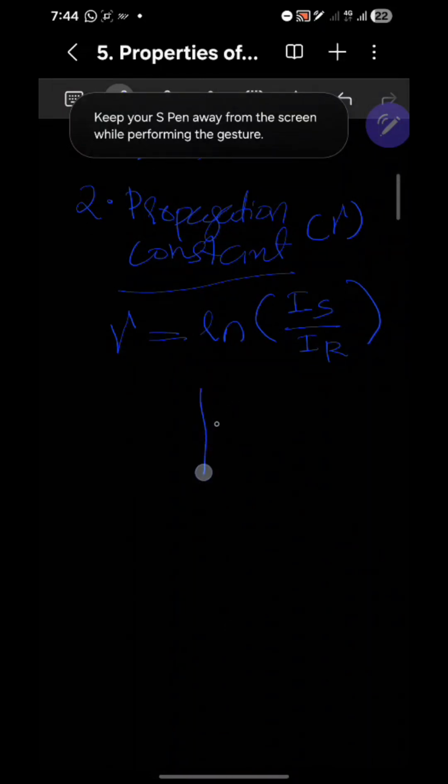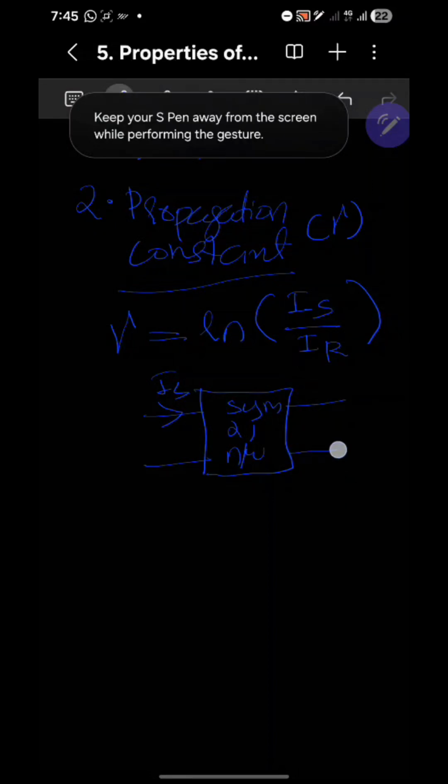So what is IS and what is IR? If we have a symmetrical two-port network, the sending current is the current entering the network, and the receiving current is the current leaving the network. Why the terms sending and receiving?